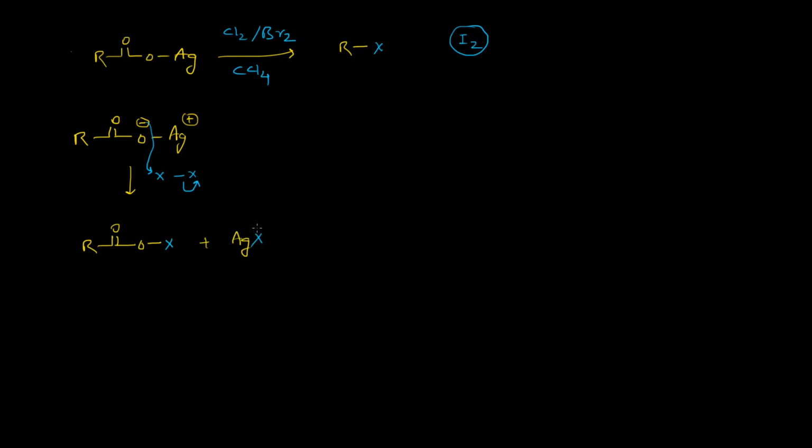In this case, it will be silver chloride or silver bromide, and it will be eventually precipitated during the reaction. In the next step, these species will undergo a homolytic cleavage, and we will get two radicals. One is carboxylate radical, another will be the halogen free radical.